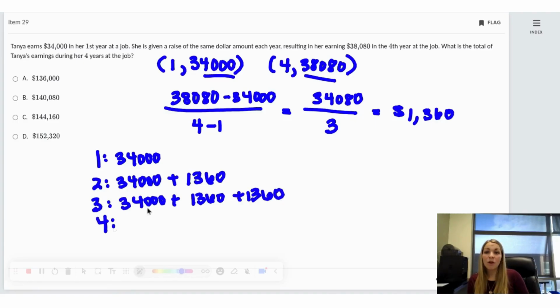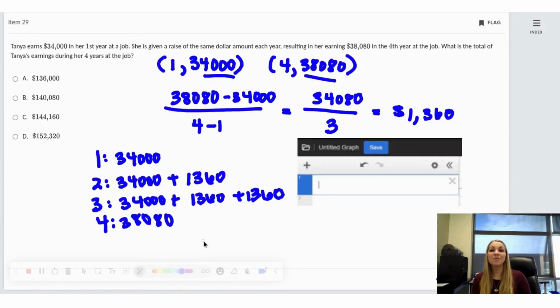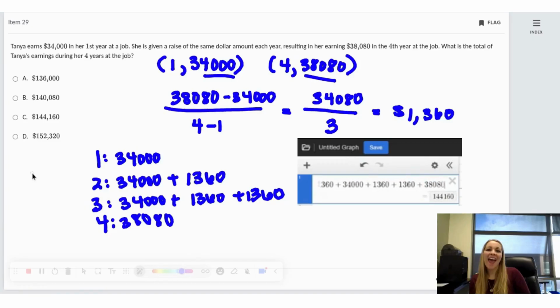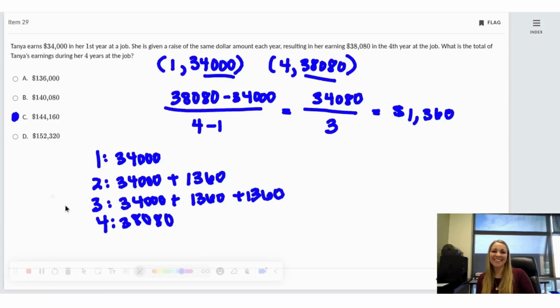And in year 4, we know that she's making $38,080. So I'm just going to come to Desmos and quickly add these numbers together. Adding all these numbers together, I get answer choice C.